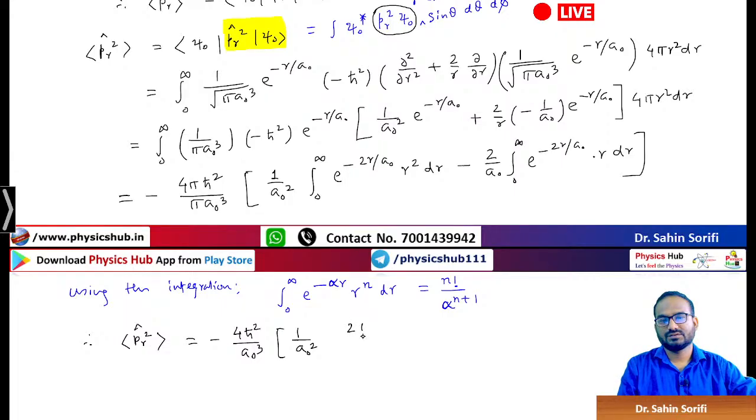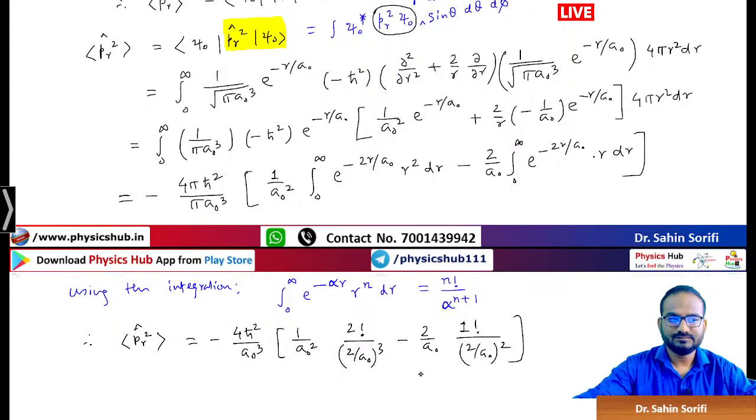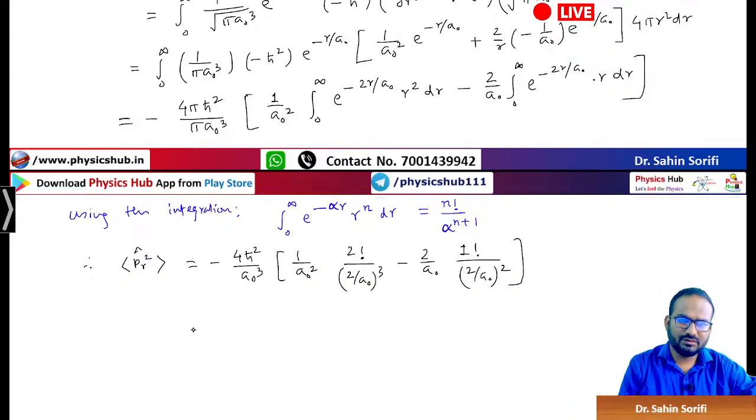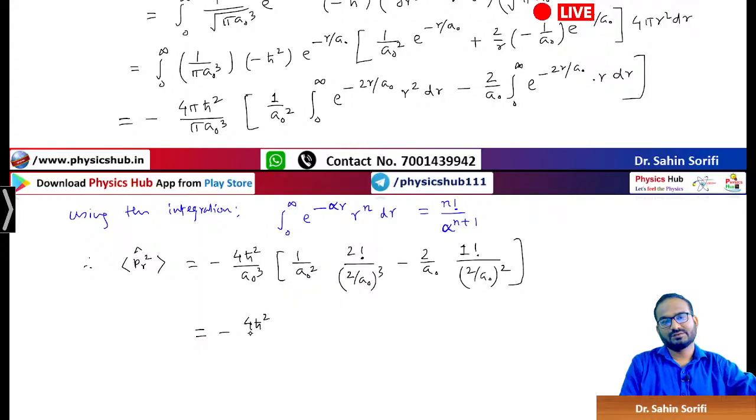So r square is there, so 2 factorial divided by 2 by a naught to the power n plus 1, so cube. Here n equals 2, so 2 factorial, 2 by a naught, 2 plus 1, that is cube. So we are getting closer to our final answer: minus 4 h cut square by a naught cube.